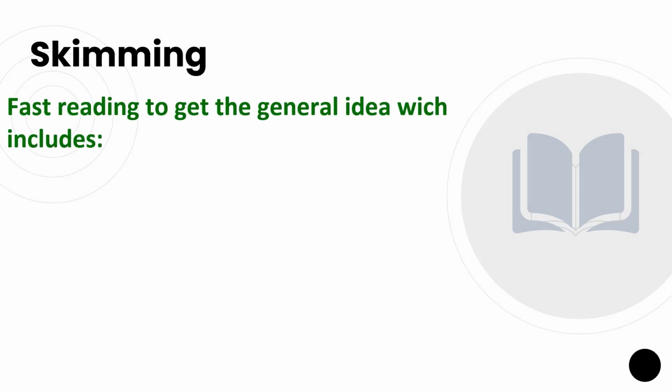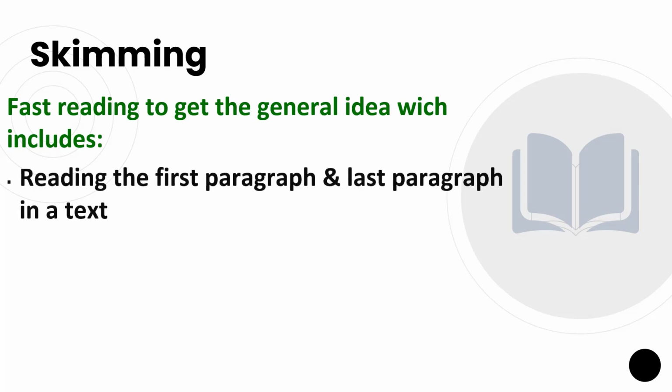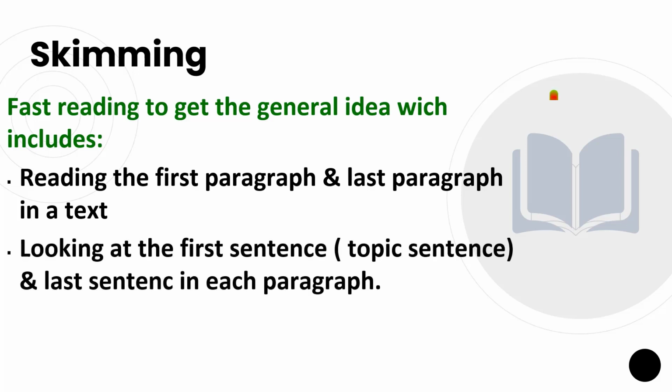Skimming is a type of fast reading to get the general idea. And this includes reading the first paragraph and last paragraph in a text. So if you want to understand the general idea of the text, there is no time to read every single paragraph. You only read the first paragraph and the last paragraph. But when it comes to answering questions and you want to know what the paragraph is about, again, you don't read every single sentence in each paragraph.